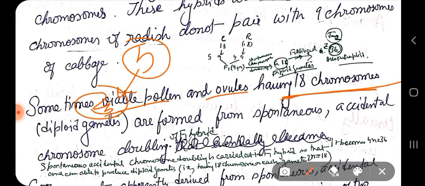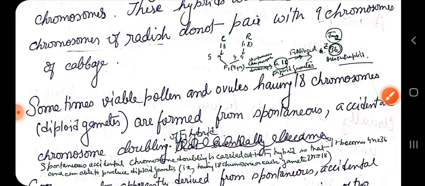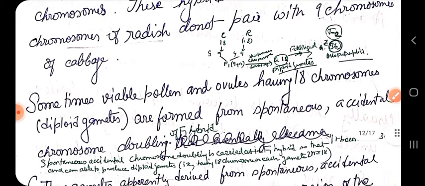How is it possible? By chromosome doubling, which can be done by colchicine treatment that we know, or by spontaneous doubling.